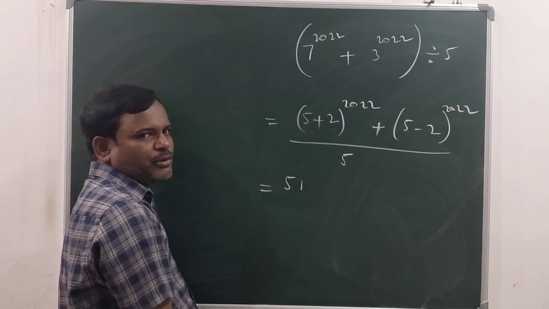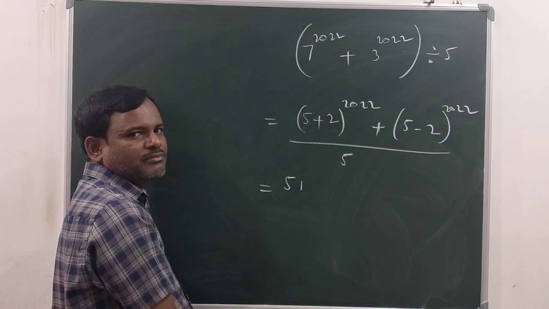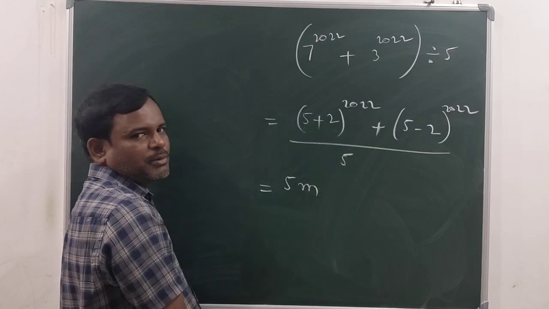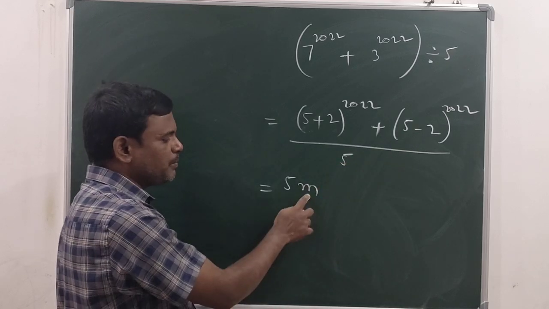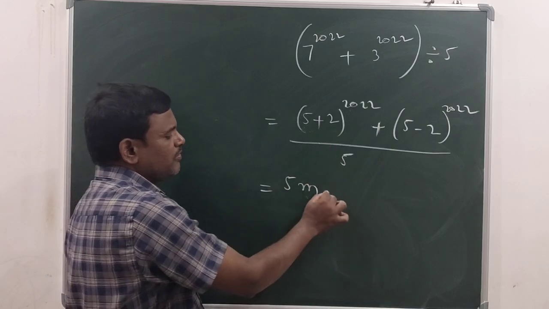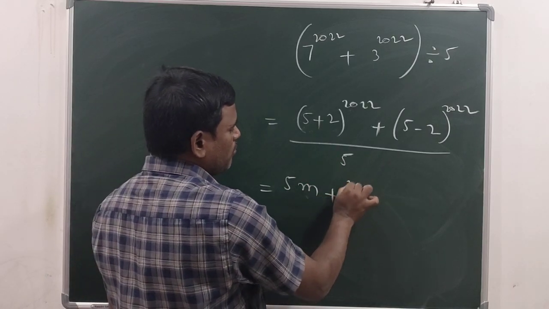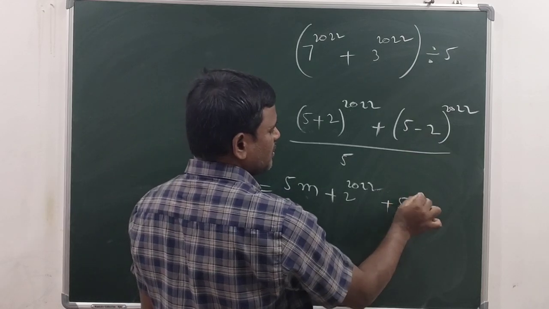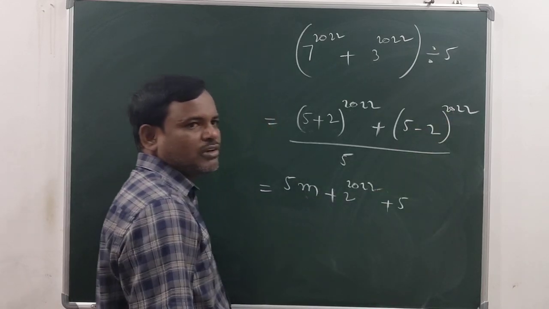From the first to 2022 terms you can take 5 as common. Hence it should be written as 5m. Inside the bracket you get a very big expansion that I represented with m, that is an integer. So here for the last one, 2 power 2022 you will get. And for this, same like 5 power 2022.